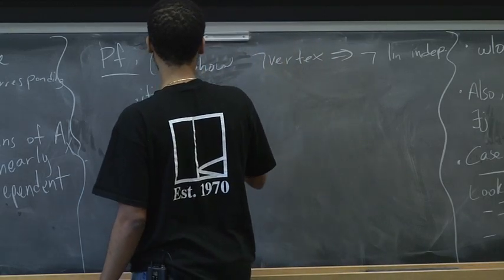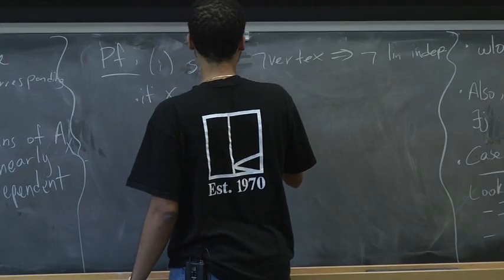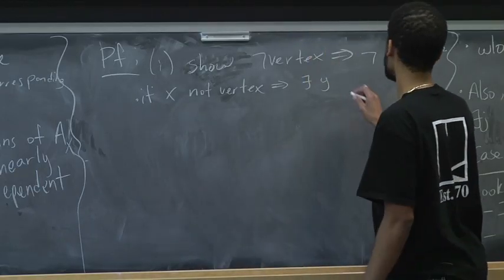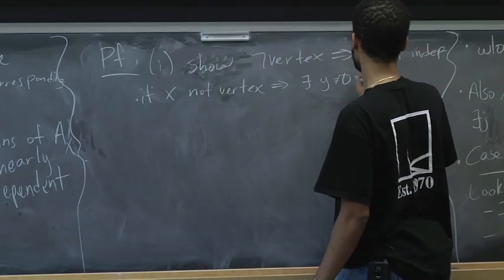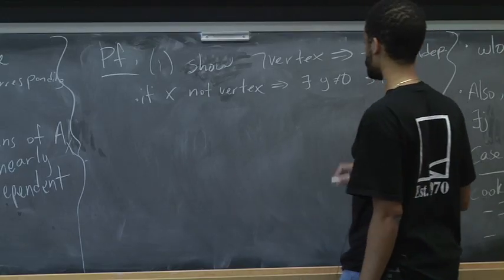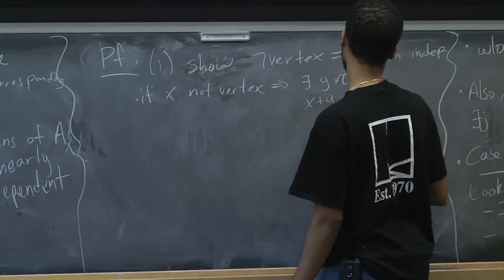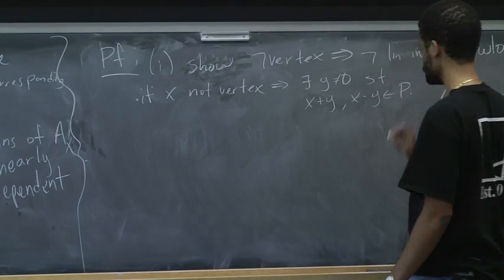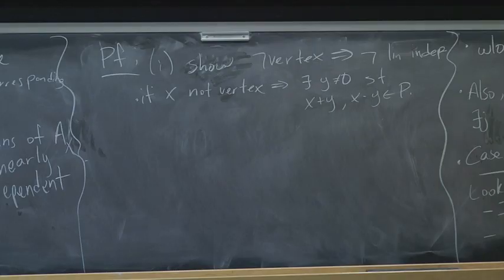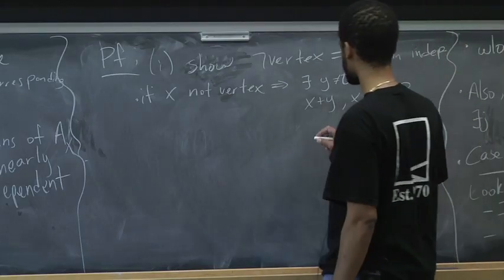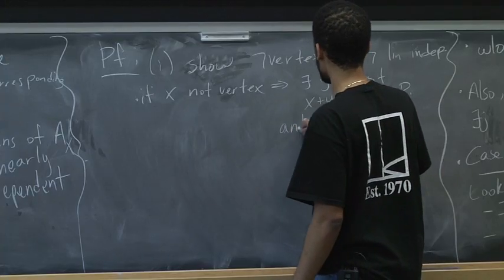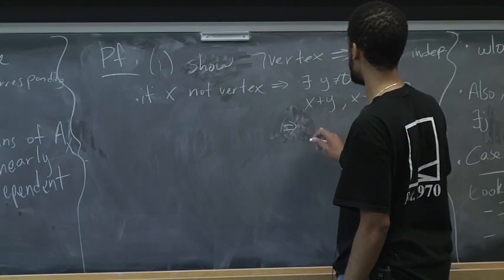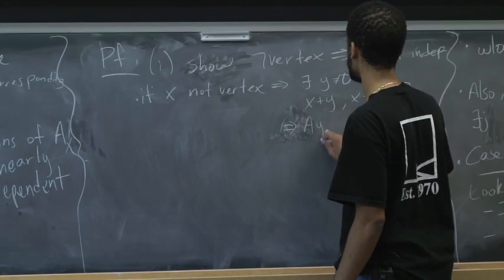If x is not a vertex, that implies that there exists y not equal to 0, such that, again, x plus y and x minus y are both in P. And I know that this implies, first of all, that Ay is 0.